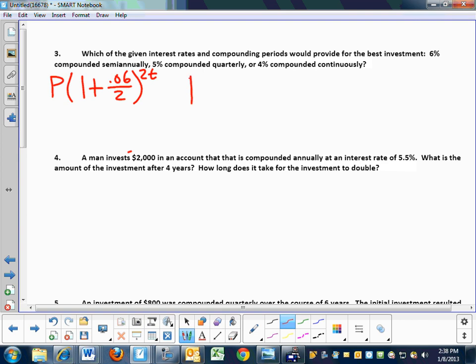Second one would be our principal times 1 plus 0.05 divided by what? 4 to the 4t power. Not 40, 4t. And the last one, this one's continuously, so how is that different? I use my PERT equation. So principal times e to the rate, 0.04 times t.